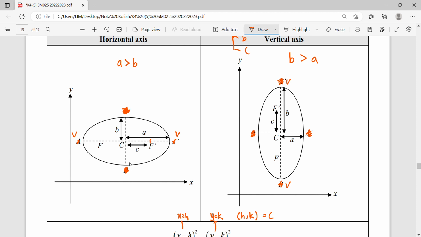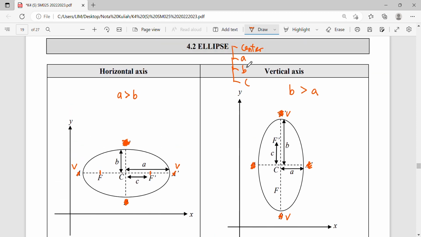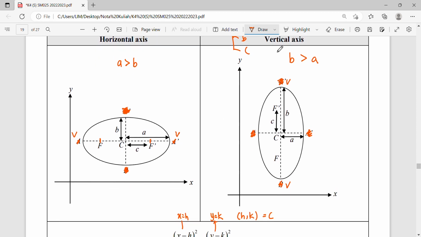So focal point will be inside our ellipse at our major axis here. So center to focal point adalah jarak C. So for center, ABC, you'll have to understand here. A adalah jarak secara melintang, B adalah jarak secara menegak, C adalah jarak daripada center kepada focal point.